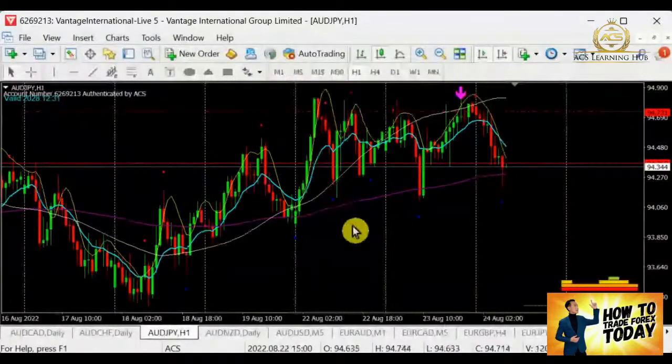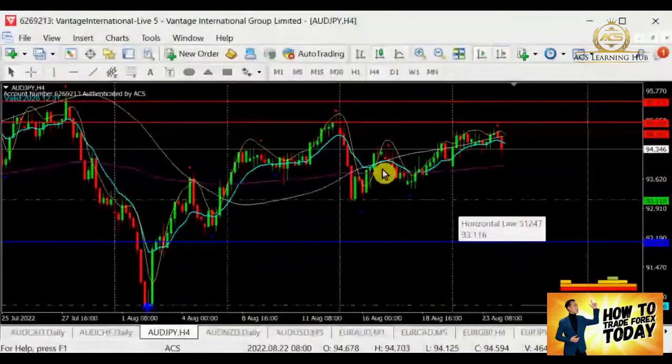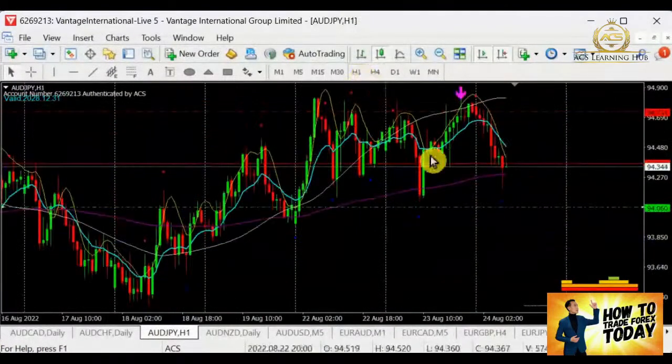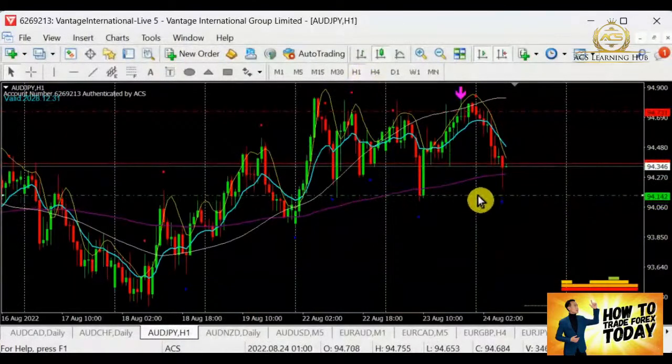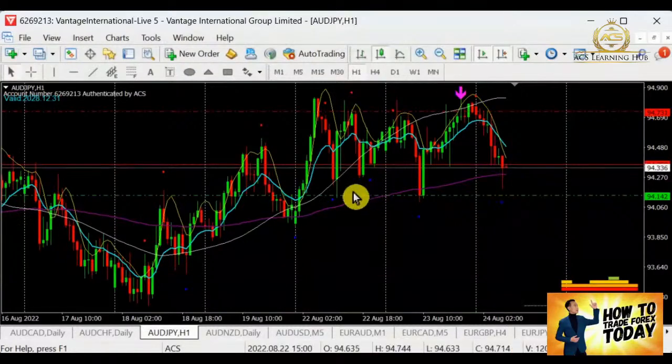Tentatively, this will be a good indication. Then move this support up here. We still have quite a good space to go, about 20 pips of space for this Aussie yen.